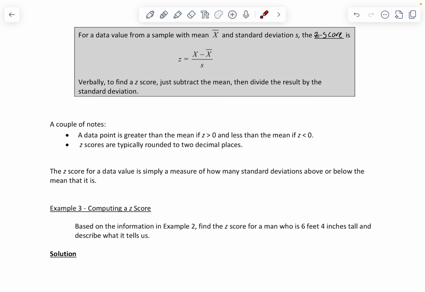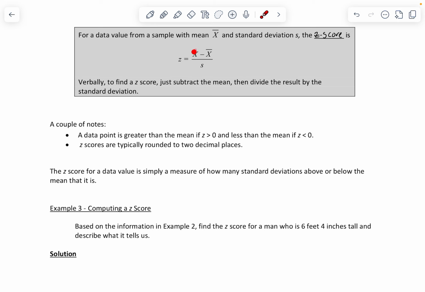A data point is greater than the mean if the z-score is positive, and less than the mean if the z-score is negative. Z-scores are typically rounded to 2 decimal places. And the z-score for a data value is simply a measure of how many standard deviations above or below the mean it is. You can kind of see that in the calculation.